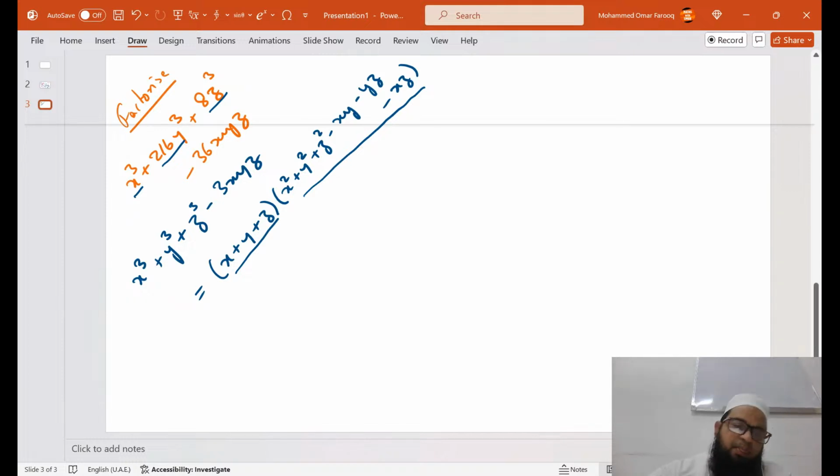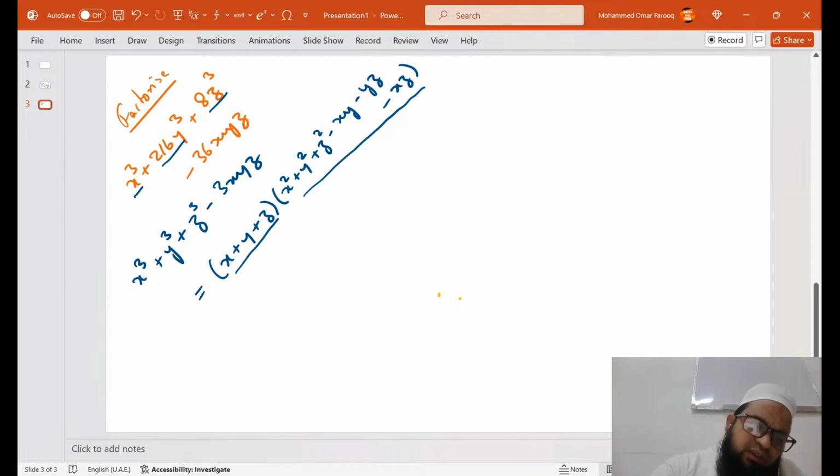So let us see the first one. Here you have written x cube, right? Since the question is in x cube, let me write a cube plus b cube plus c cube minus 3abc is equal to a plus b plus c into a square plus b square plus c square minus ab minus bc minus ac. Now let me equate a cube to x cube.